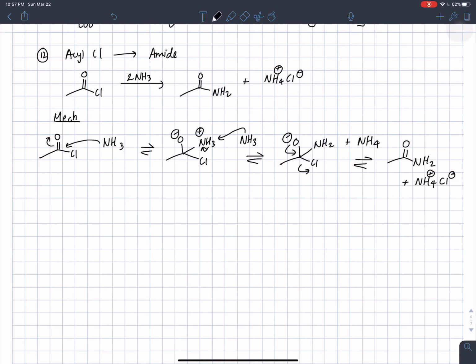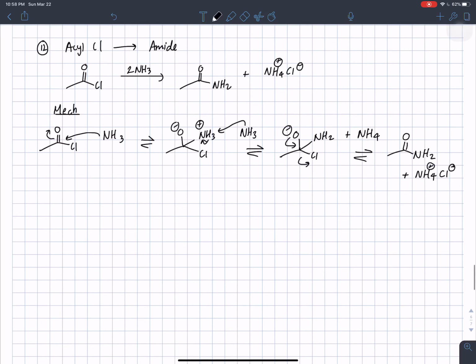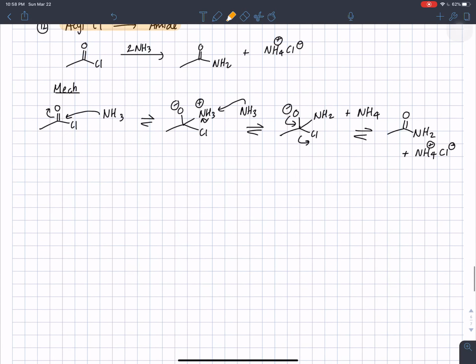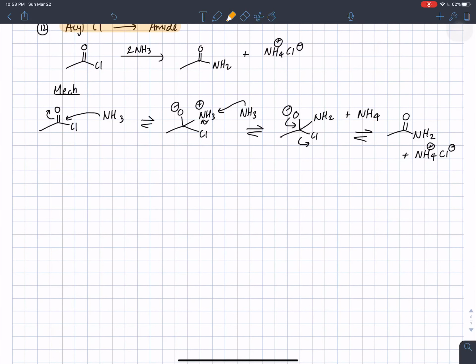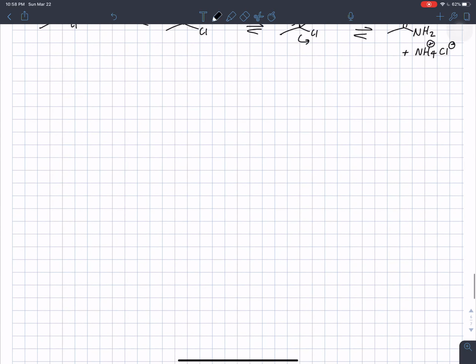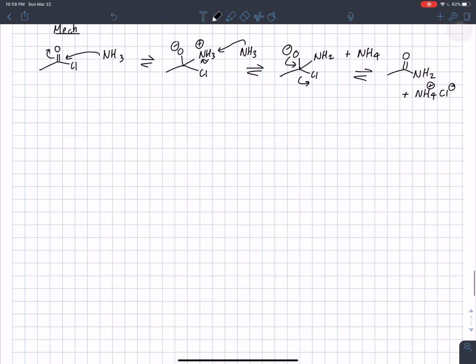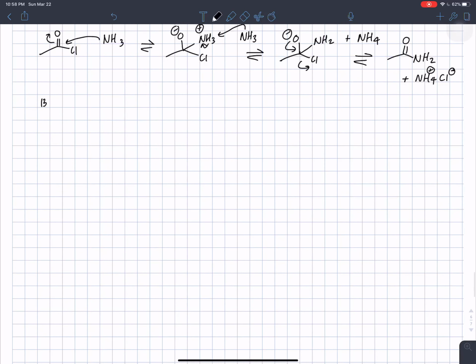Okay. The next one is, so that was that. The next one we're going to do is how to turn acyl chlorides into esters. That's number 13: acyl chloride into an ester.